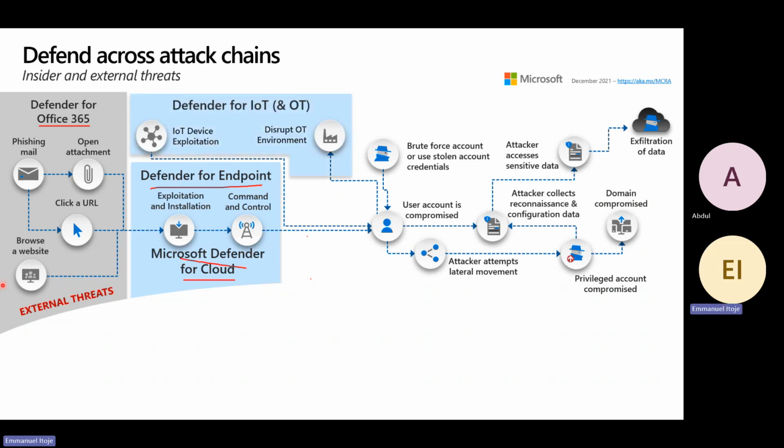Then, if you look further, talking about Defender for IoT here, for IoT devices, basically, Defender for IoT provides coverage for asset discovery, then threat management for IoT devices, and for attacks on operational technology, which is OT, right?